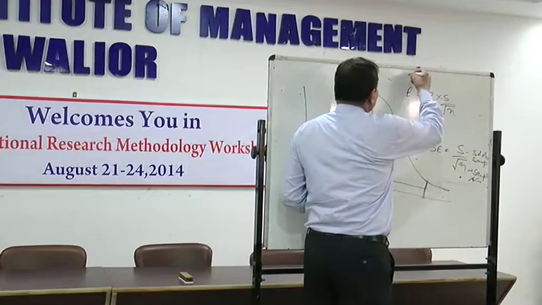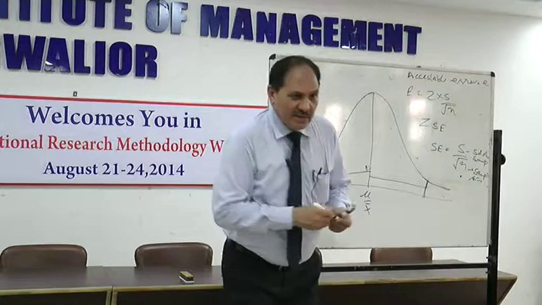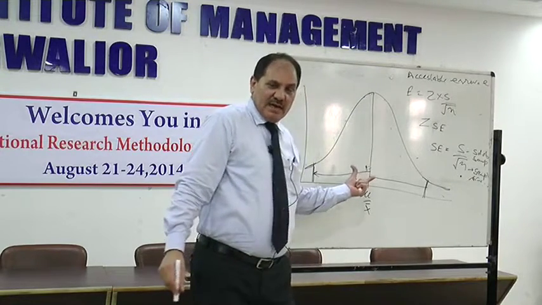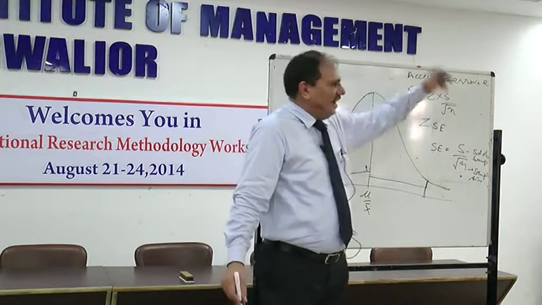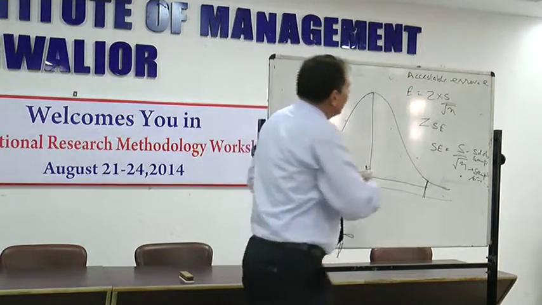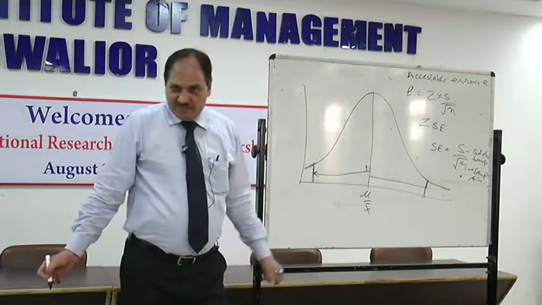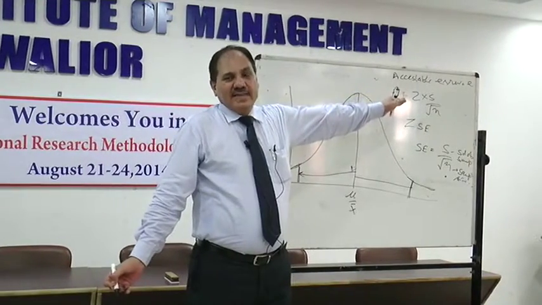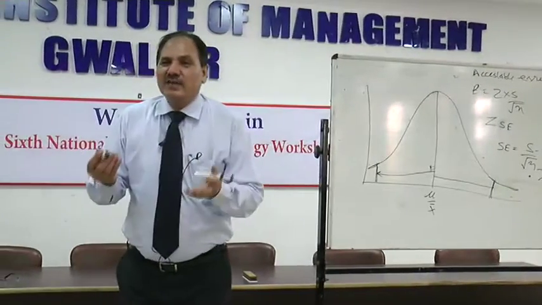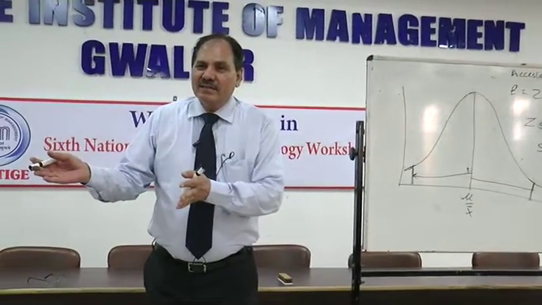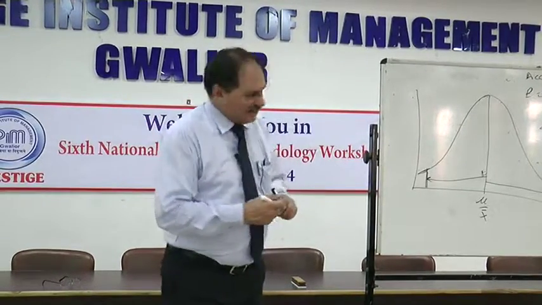Error accepted, or acceptable error, is equal to small e. Okay? Large E is for the error in the sampling distribution, and this is the acceptable error. Now, these two have to be equal if you want to do good research. That means your sampling error should not be more than the acceptable error.